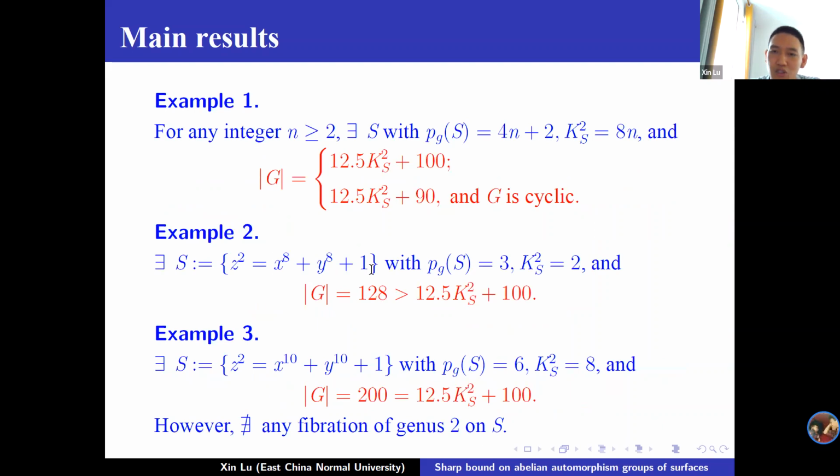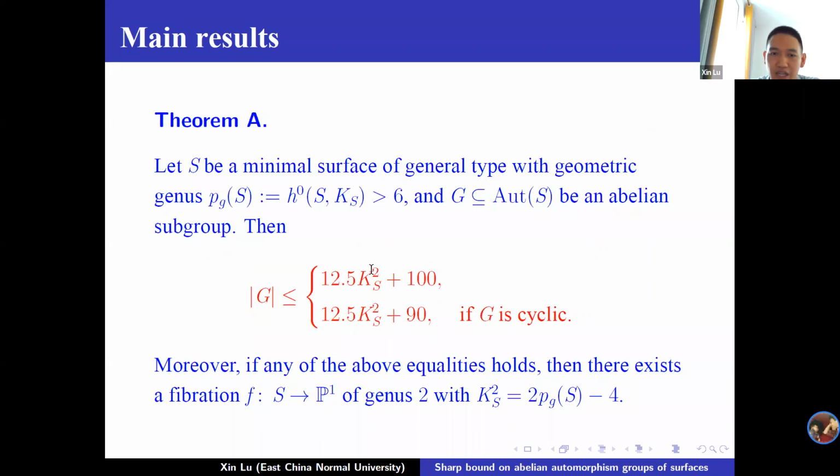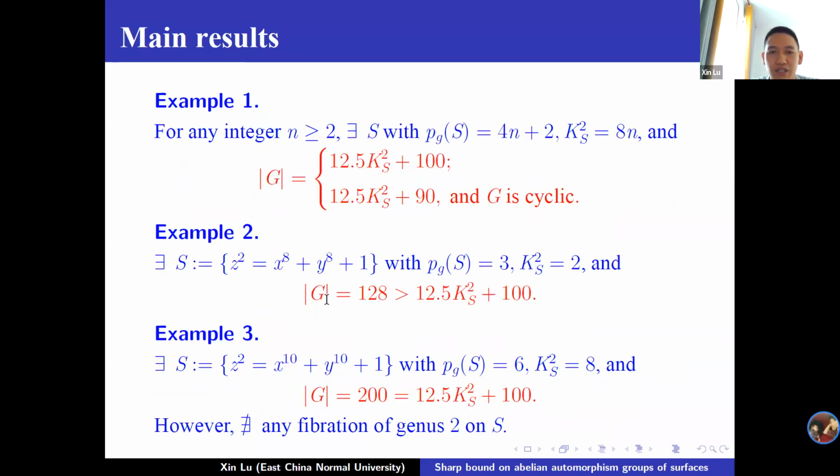We will also construct examples to show that this upper bound is sharp. That is, we construct a series of surfaces S which attain this upper bound. That is, for any integer n at least two, there exists a surface S whose geometric genus is equal to 4n plus 2, and K_S square is equal to 8n.